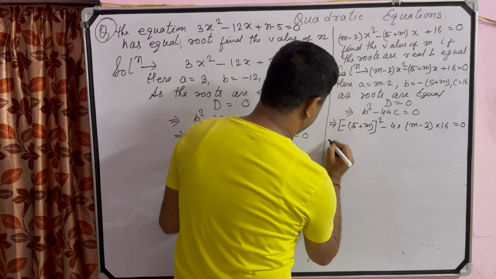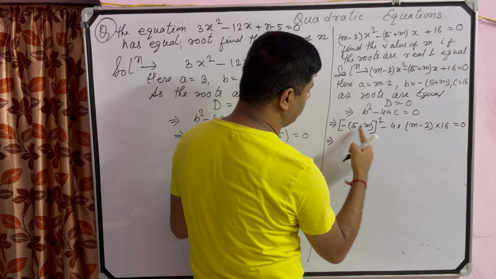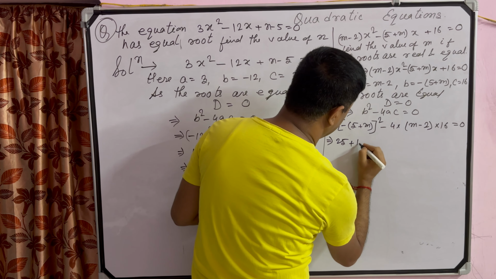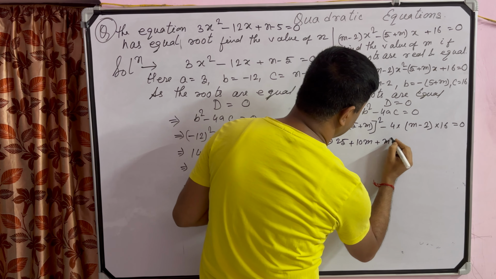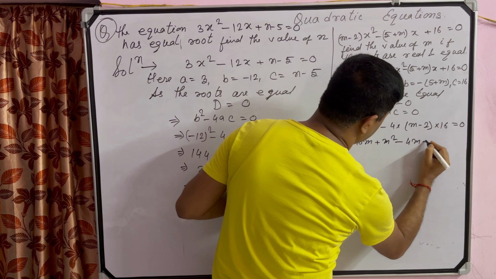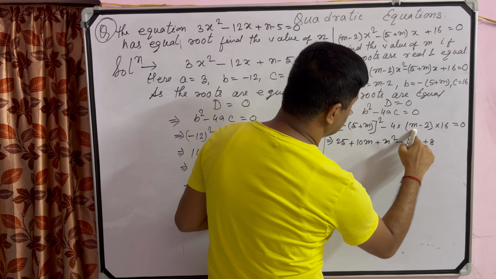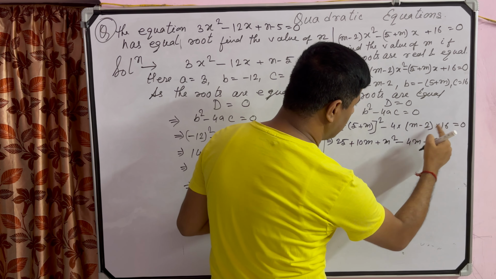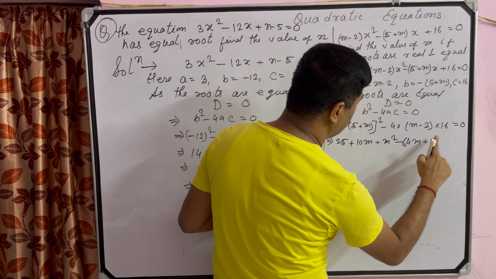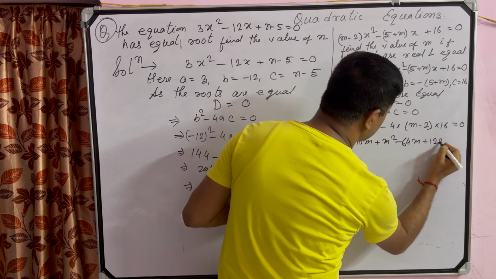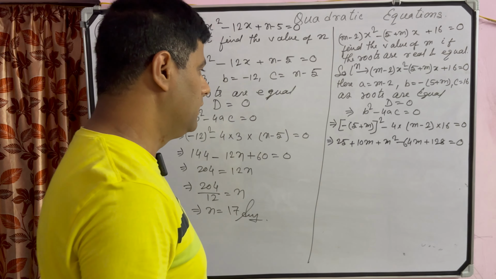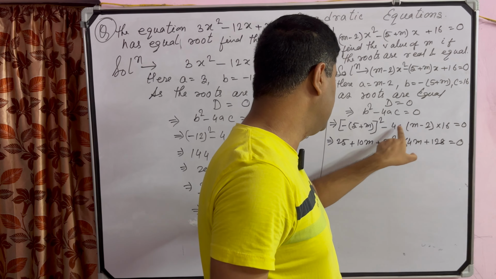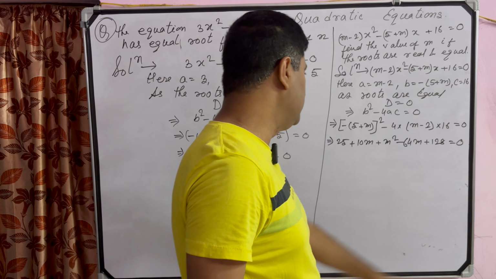So this will become, you can make negative square is positive, so we'll just do the a plus b whole square, so it is a square plus 2ab plus b square minus 4m plus 8 into 16 was also there, so it will be minus 64m and this will be 128 equals to 0. Am I right? Like 16 4 ja 64 into m, so it is 64m and negative negative positive 64 into 2 128 equal to 0.